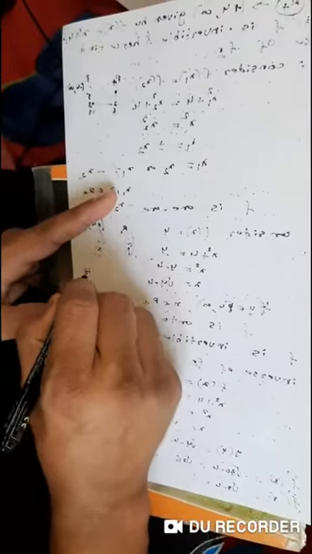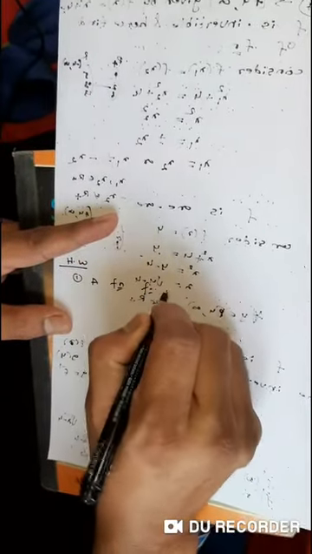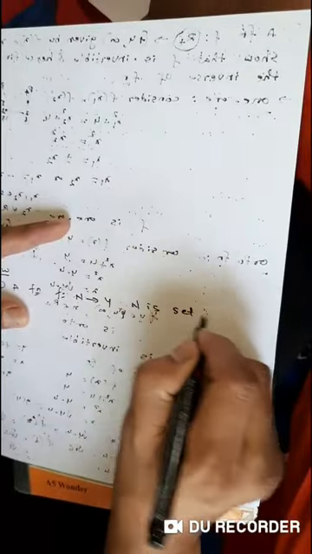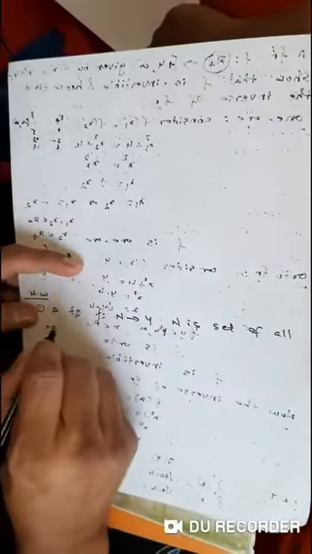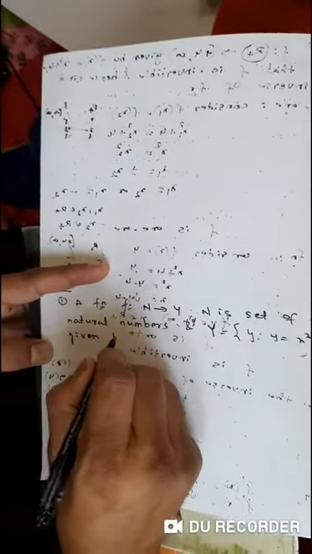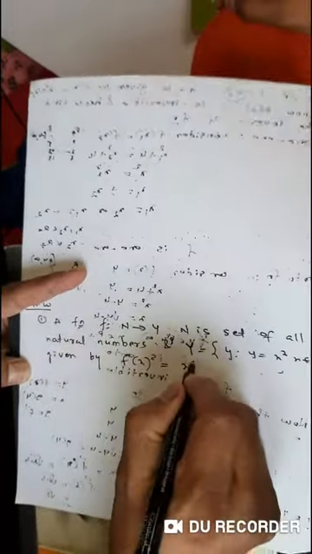These are two examples on invertible functions. Another two examples I will give as homework. First is a function f mapping N to Y, where N is the set of all natural numbers, and Y is the set of all y such that y equal to x square, where x belongs to N, given by f of x equal to x square.